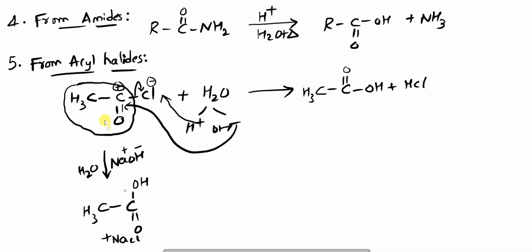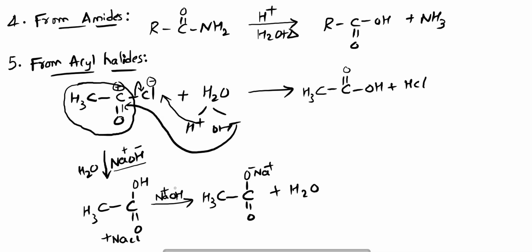Next, now let's see. But here a base is there. Because of this base, the product I got is an acid, which reacts with the base and forms a salt. NaOH breaks as Na plus and OH minus. Here between O and H, electrons are taken by oxygen.